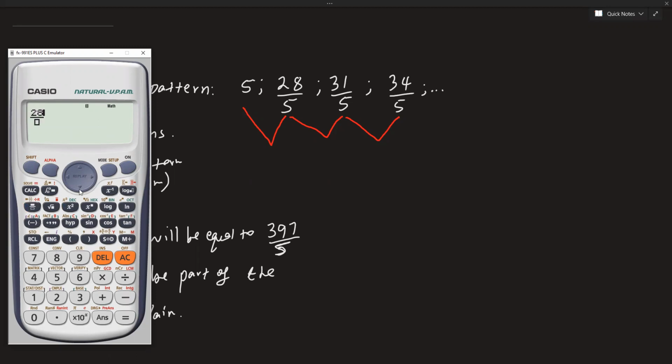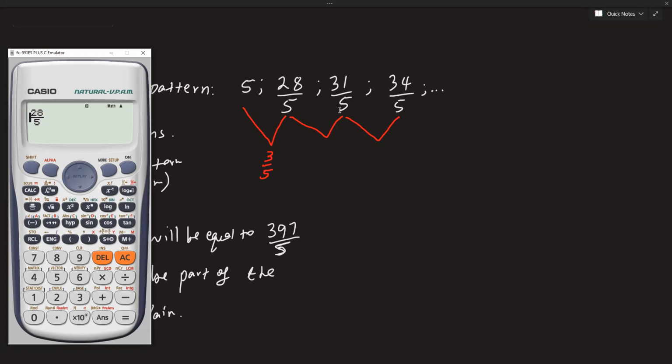Which is 28 over 5 minus T1, which is 5. So I get 3 over 5. Now I'm going to do this one and that one. Let's check now.